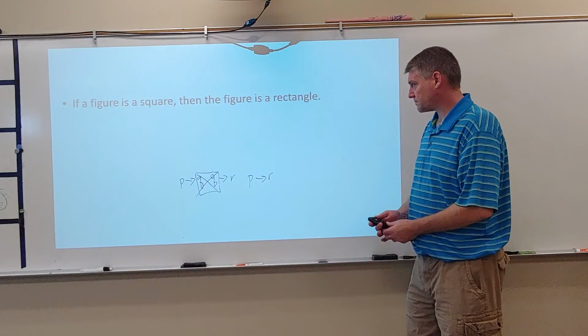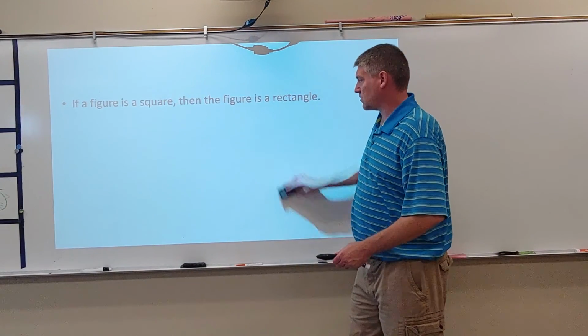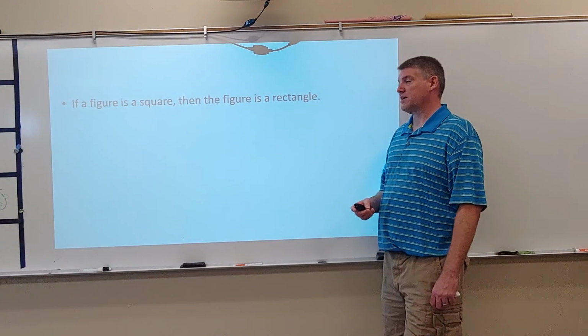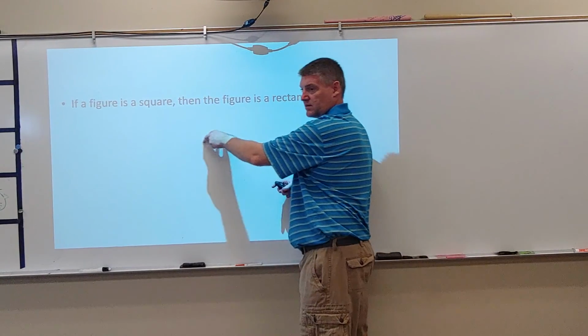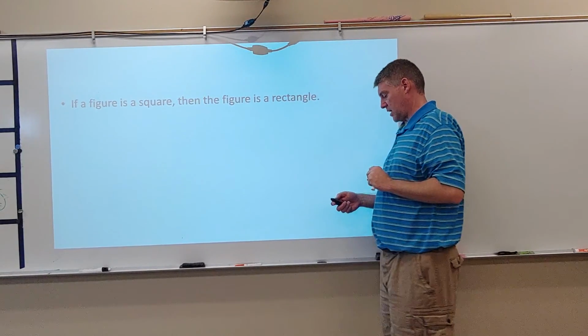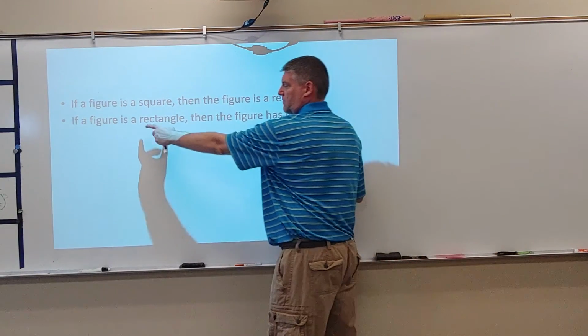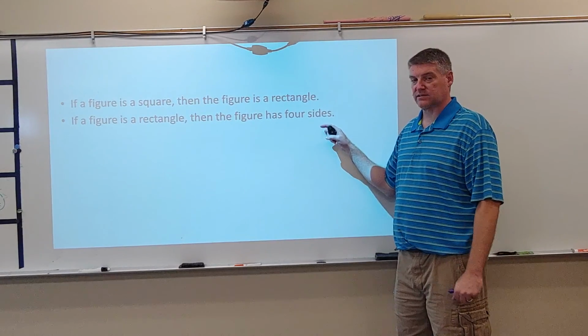So here's our first one. Our first statement is if a figure is a square, then the figure is a rectangle. In my next conditional statement, to use the law of syllogism, I have to use my conclusion. If the figure is a rectangle, then the figure has 4 sides.